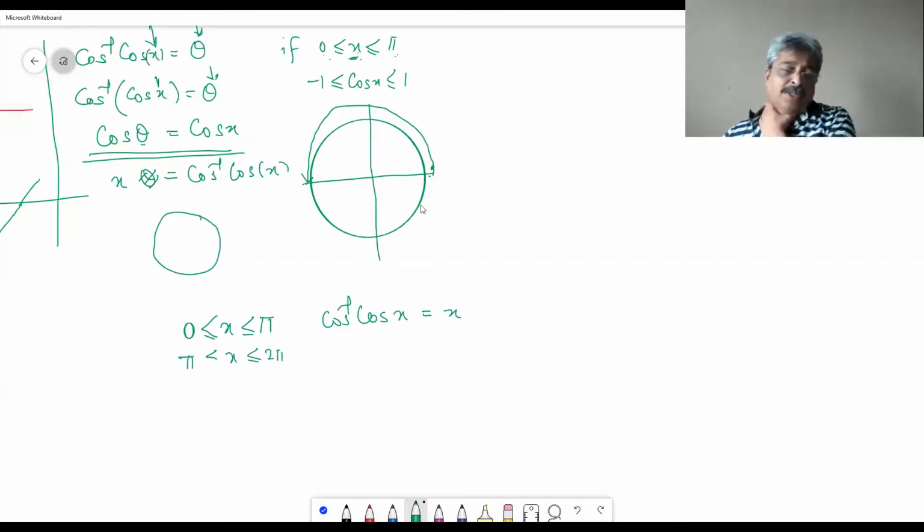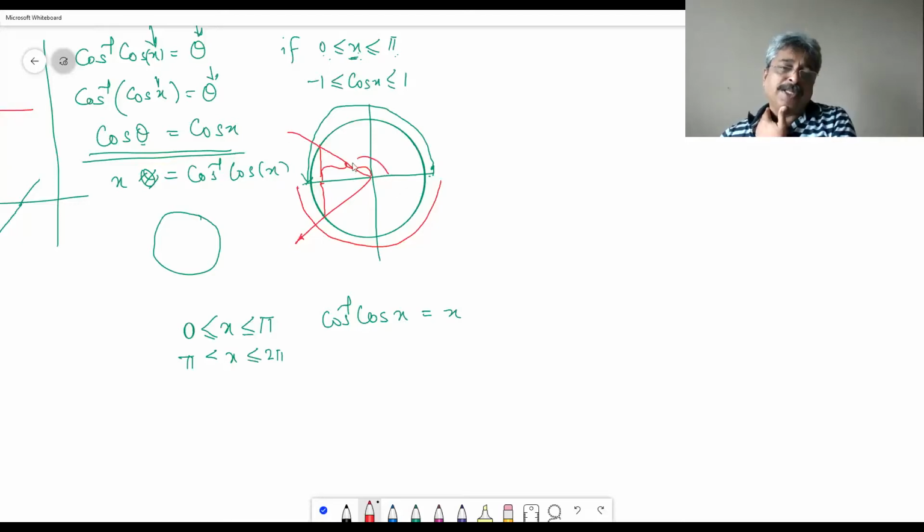Okay, so now your angle is, suppose, from here to here, pi to 2 pi. That is the value of x. So suppose your angle is here, that means cos of x is going to be this value, and cos inverse of this value is going to be this angle.